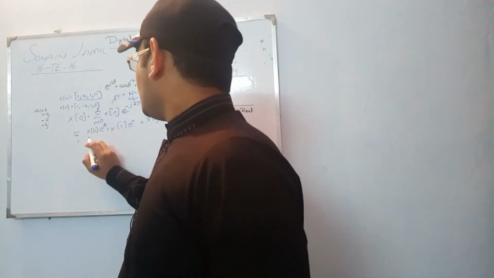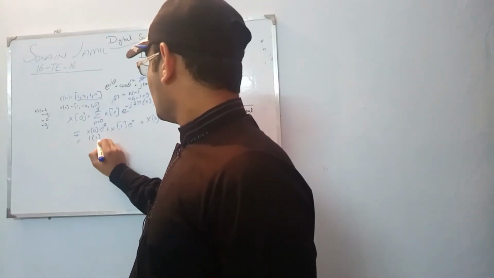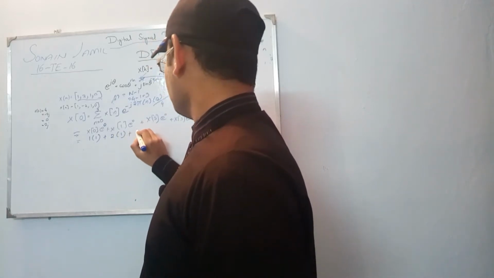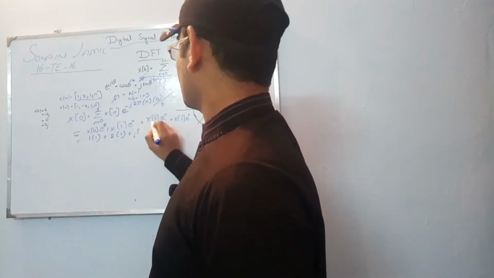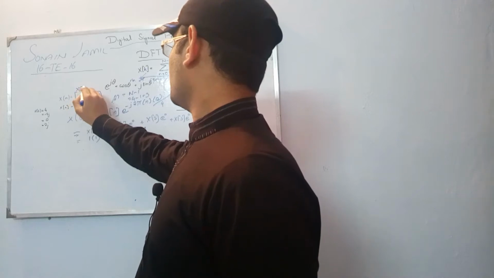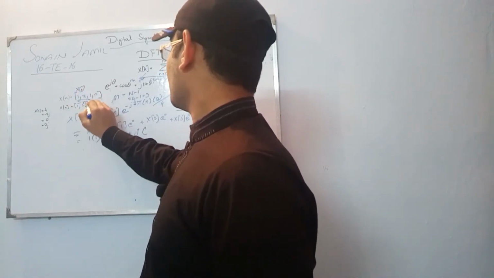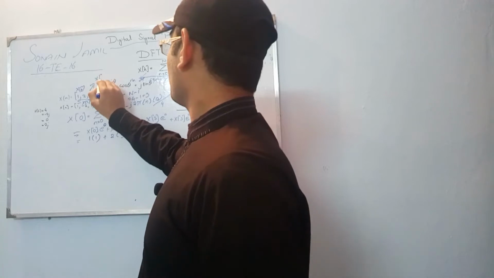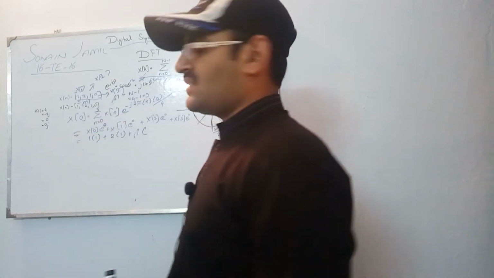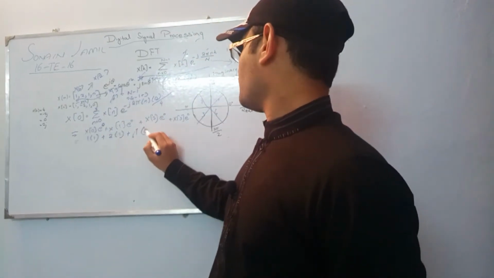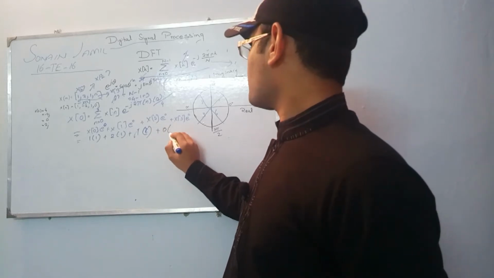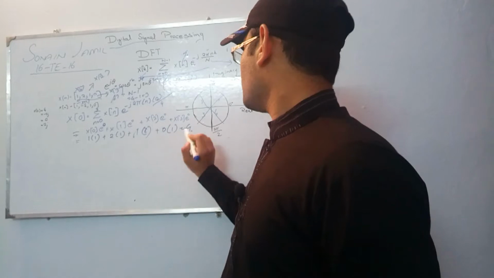Now what is x of 0? 1 into 1 plus 2 into 1 plus x of 2 is 3. Here is x of 0, x of 1, x of 2, x of 3. So it turns out to be 4.